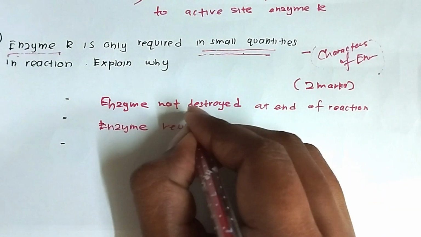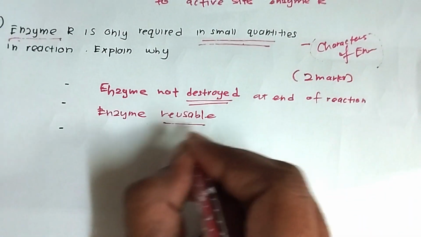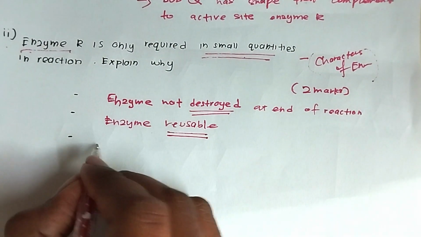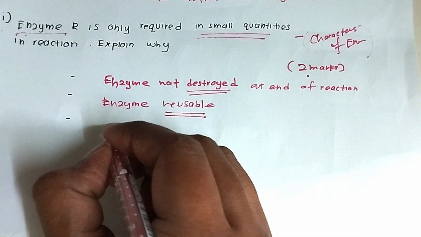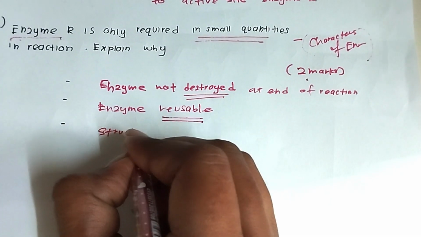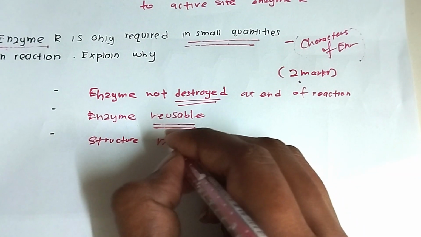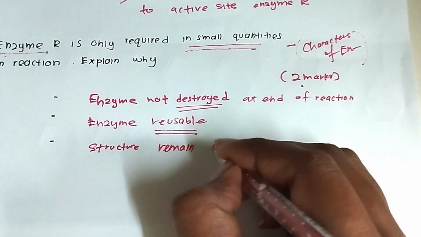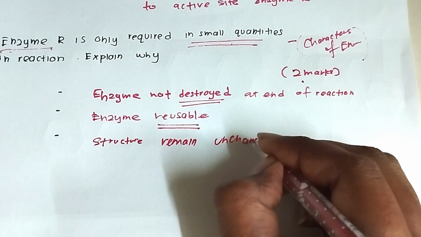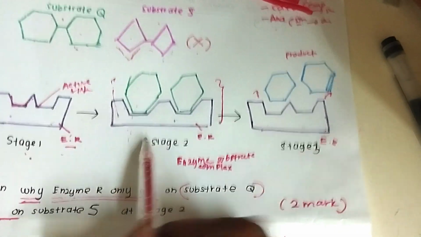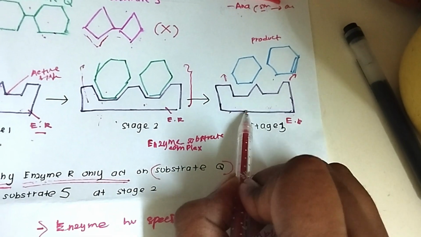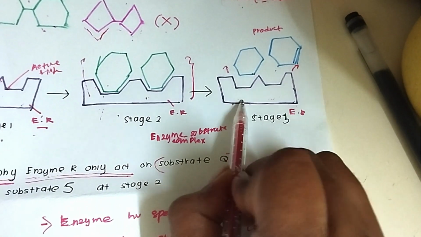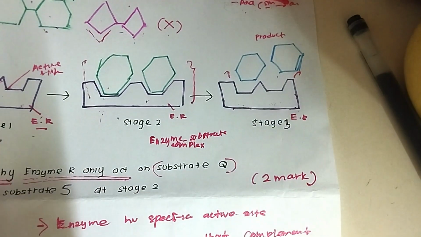Why? Because they are not destroyed. They only gave 2 marks here, but if you want to add, it's up to you. The structure remains unchanged. Can you see? Right after the reaction, the product is released, but the enzyme remains unchanged and the structure remains the same.